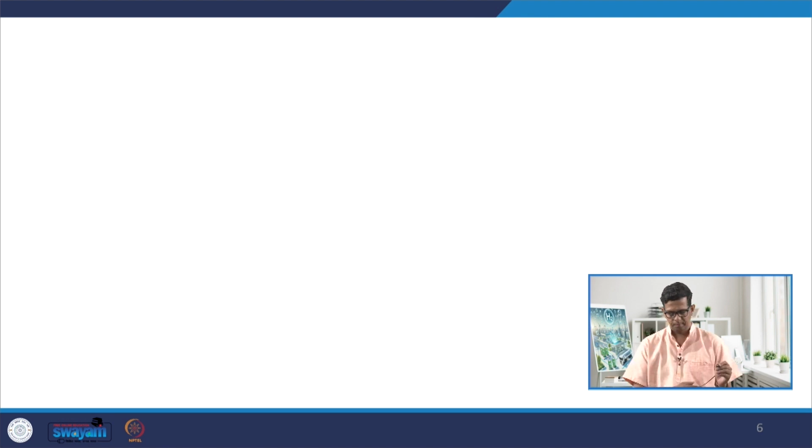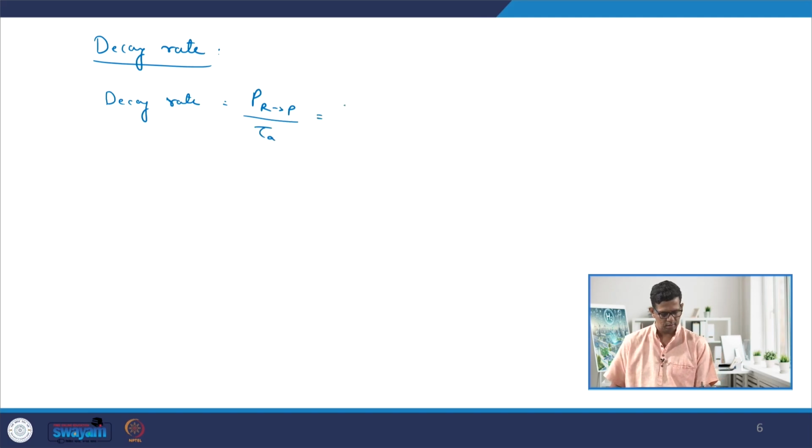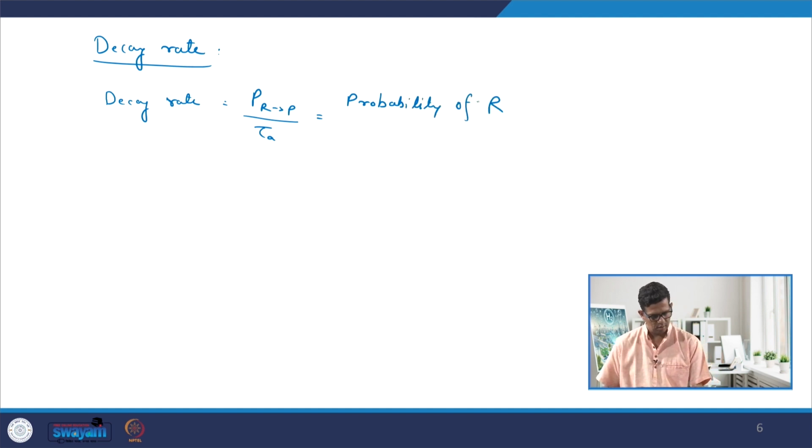Let us move on. Let me write a little more about the decay rate. Decay rate is equal to the probability of reactants getting converted into products divided by tau A. This is the probability of reactant getting converted into product, and what is tau A?